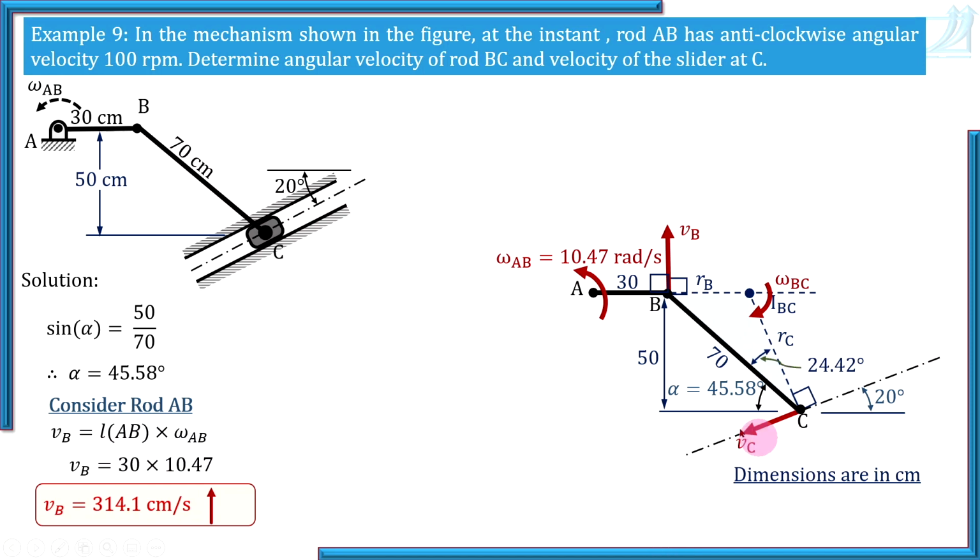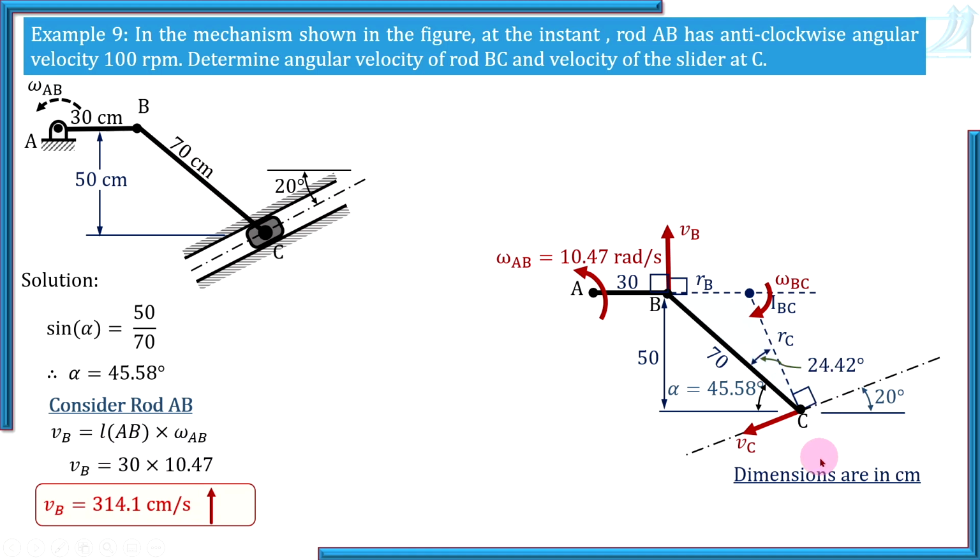How come? So listen, focus on this entire line passing through C. So this horizontal line creates 180 degrees angle at C. So 180 degrees minus 20 minus 90 minus 45.58, you will get the remaining angle. So that is 24.42.